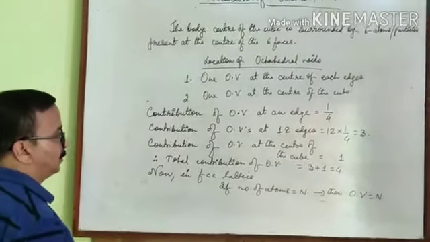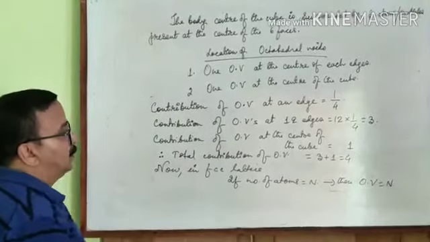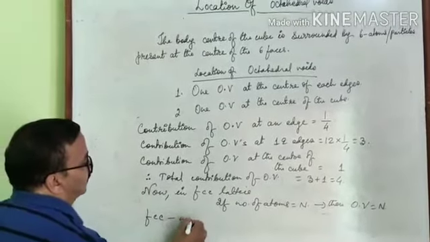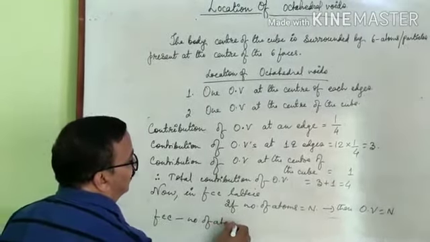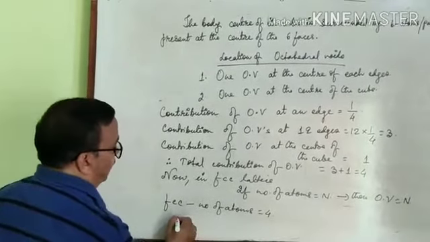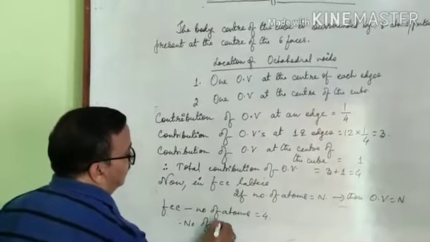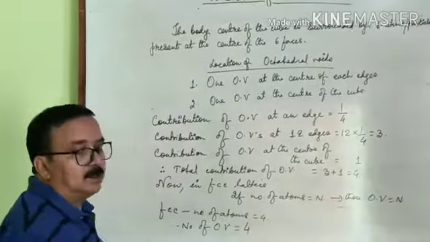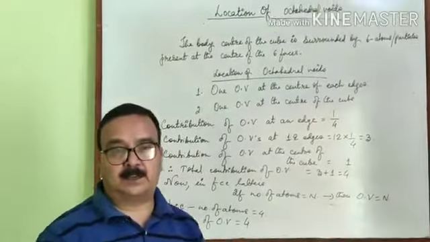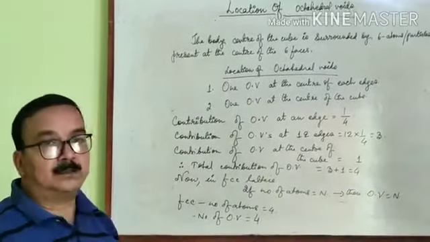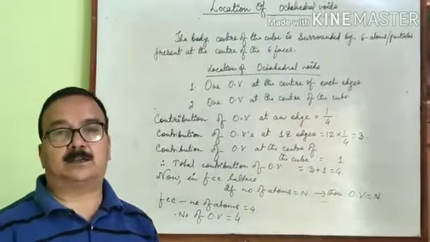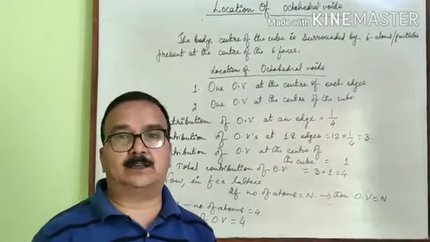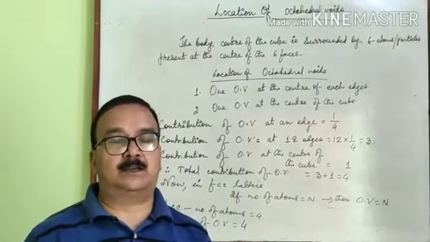Here also we are observing that in the case of the FCC lattice, the number of atoms is equal to 4, and the number of octahedral voids formed is equal to 3 plus 1, that is 4. In this way we can validate the formula: the number of tetrahedral voids is equal to 2n, and the number of octahedral voids is equal to n, where n is the number of atoms, particles, ions or molecules.